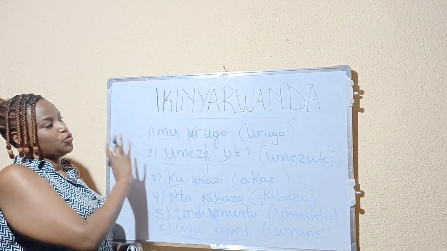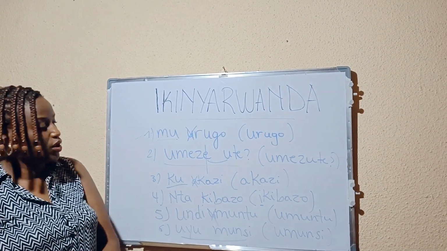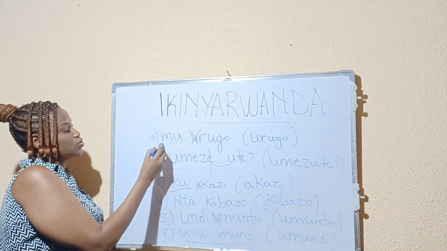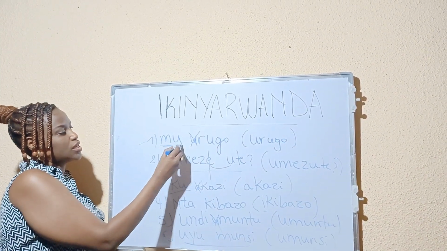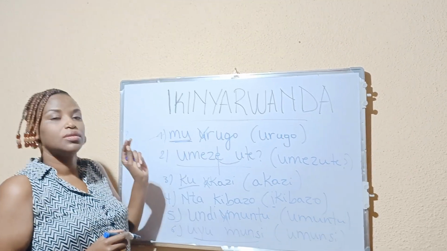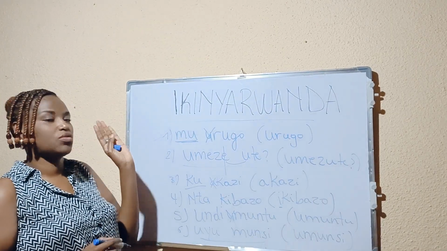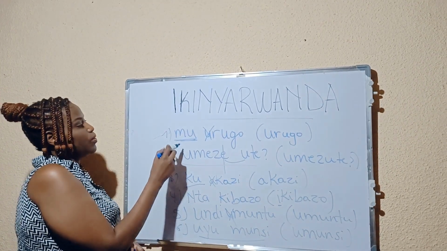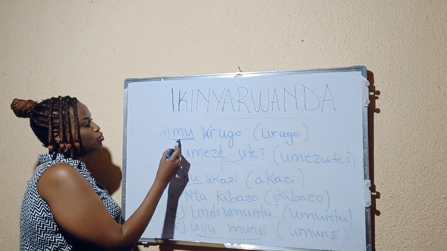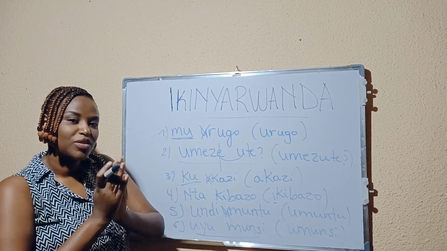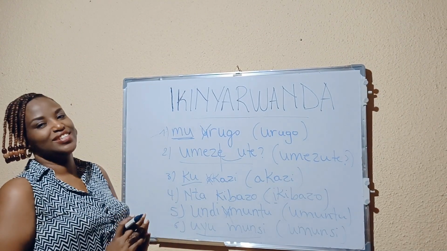So let me just give you this for today. You have 5 examples of what I wanted you to notice: you write 2 words and you drop the vowel which is already there when you write the noun separately. One example is murugo. If you write murugo in one word, know that it's not correct.